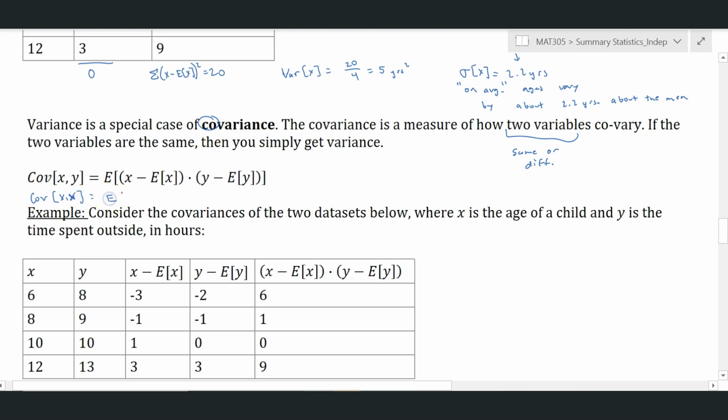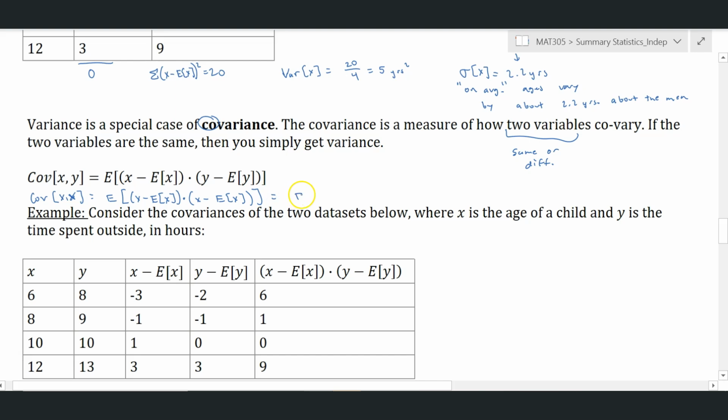It would be the expected value, but it would be x minus the expected value of x. That'd be for the first variable, right? And then multiplied by, for the second variable, again x, because it's the same variable twice, minus the expected value of x.